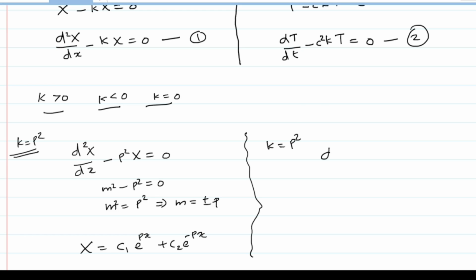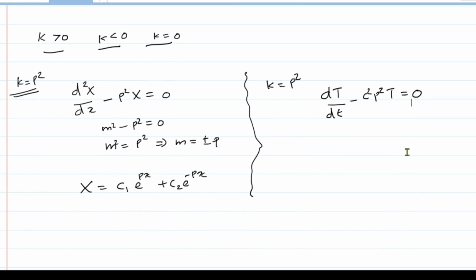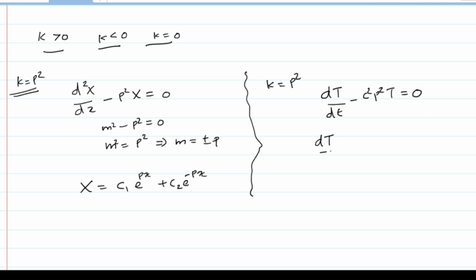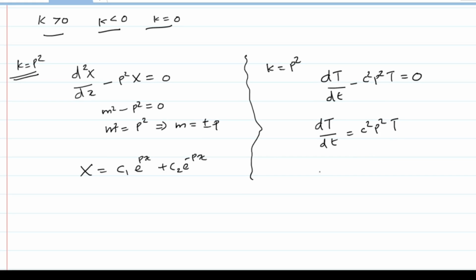Similarly for the case k equal to p square, we solve the T equation. That is dT/dt minus c square p square T equal to 0. We can arrange this in another way: dT/dt is equal to c square p square T, or dT/T is equal to c square p square dt.